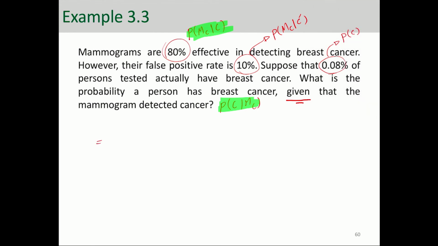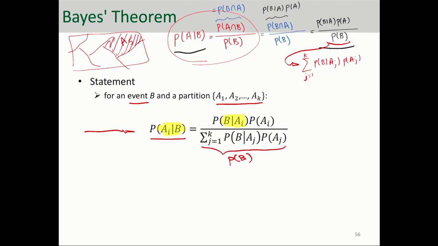So following the Bayes' theorem formula, this is going to be the probability of MC given C times the probability of C, over the probability of MC. Again, this is not directly given in the problem, but you can use the total probability rule to calculate it, and that's exactly what you have in the Bayes' theorem formula.